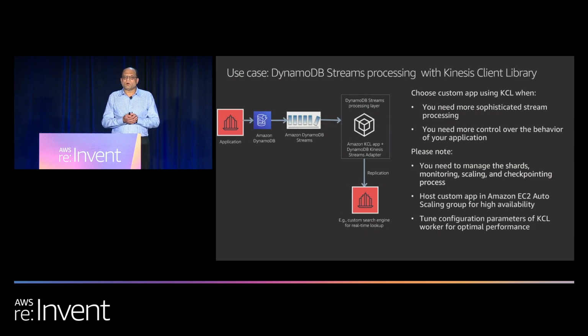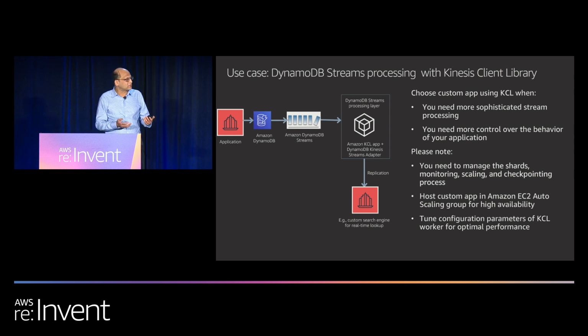So why would you want to build an app and have a static EC2 instance for your stream processing? Well, there might be cases where your application requires more sophisticated record processing, or you may want more control over the behavior of your application. For high-velocity streams processing, having an EC2 instance may be more economical than using Lambda.